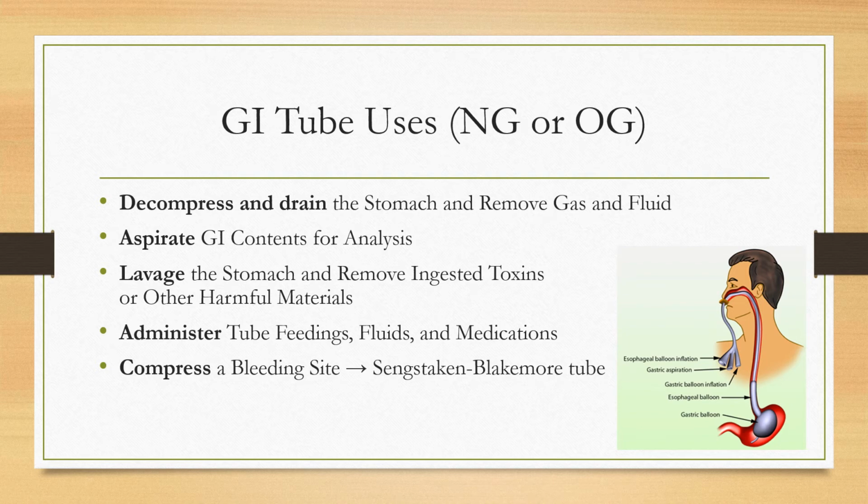So someone with a bowel obstruction, right? So proximal to the bowel obstruction, there's gas, there's fluid that just can't pass the obstruction. So the patient is very uncomfortable. They're distended, they're nauseated, they're vomiting. So sometimes we'll put an NG tube down to suction out the fluid and the gas. And this is typically accomplished by suctioning with pressure.